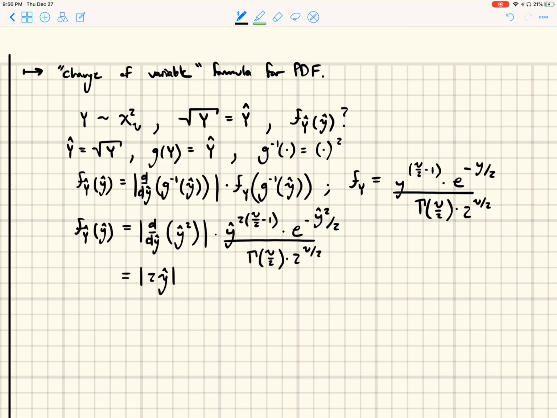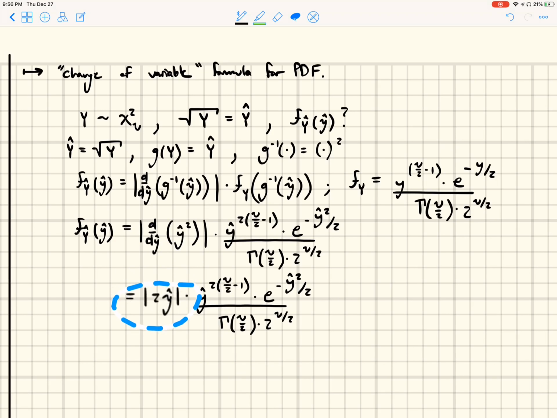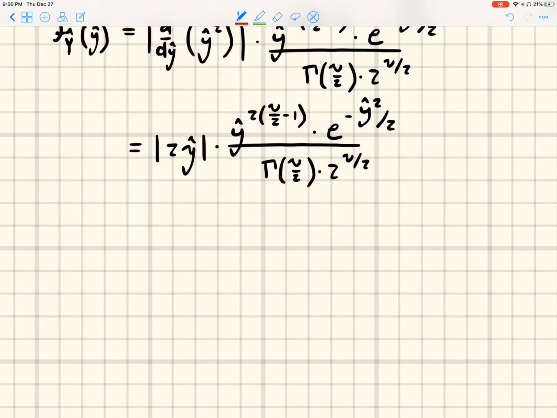This becomes 2y hat times this term, which simplifies again because this y hat will cancel, and then one of the 2's will cancel, and we're left with a new distribution for y hat, which is equal to this distribution.